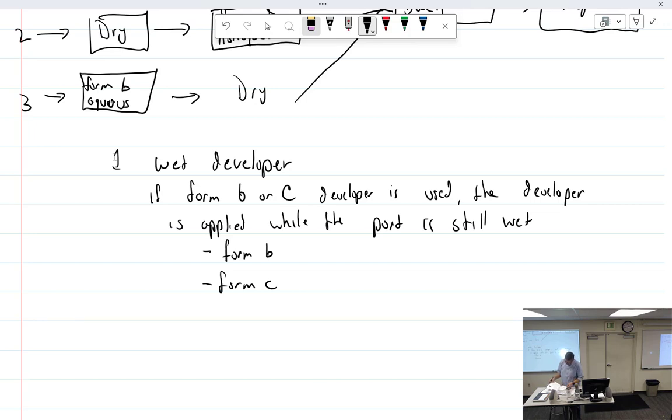Did I go over the forms yet? Yes. I think B is soluble. There we go. Form B, water soluble. Form C is suspendable.